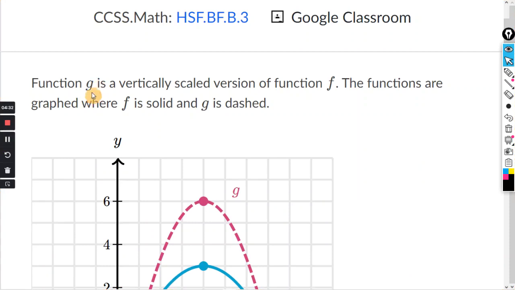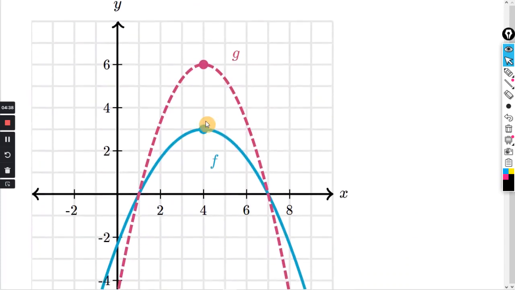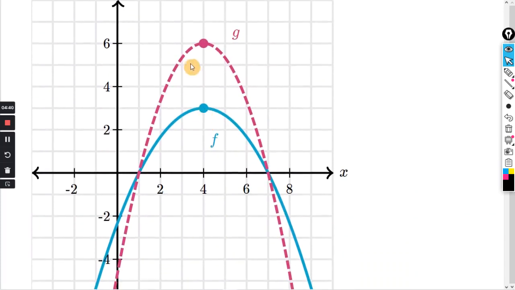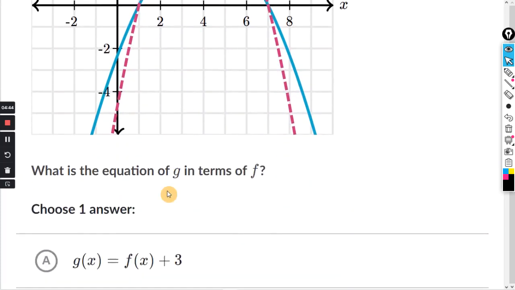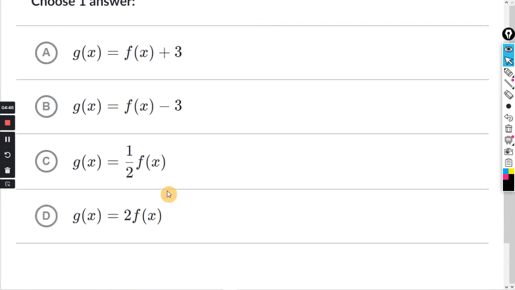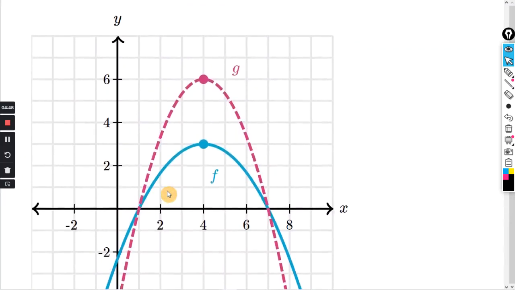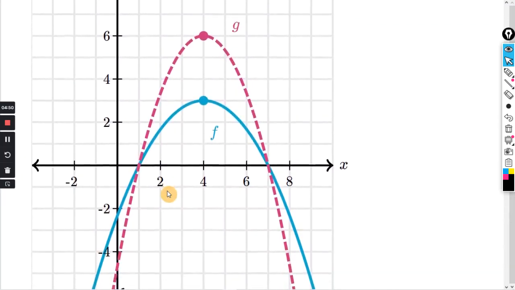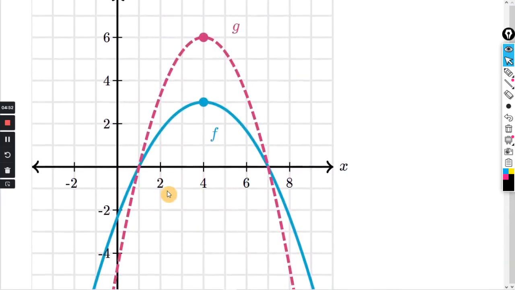Once again, function g is a vertically scaled version of f. f is solid, g is dashed. Blue is the original, the pink one is the new one. It says, what is the equation of g in terms of f? Again, we just have to find out what multiple they used.